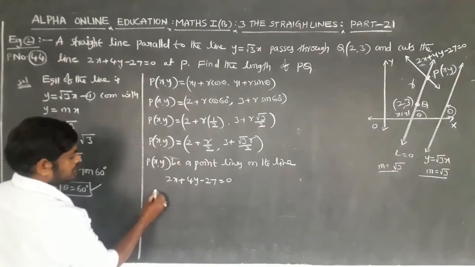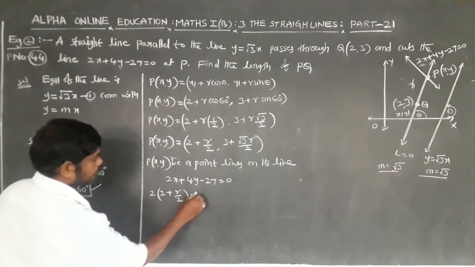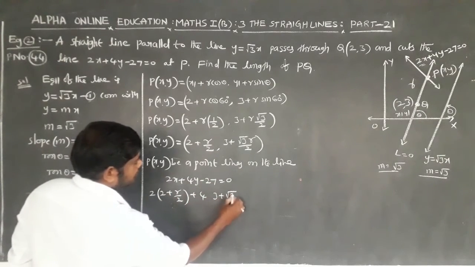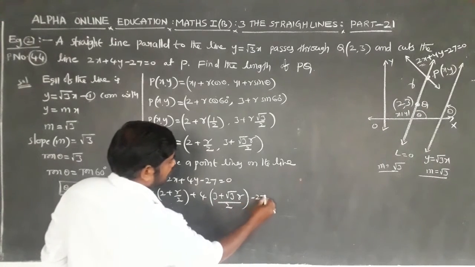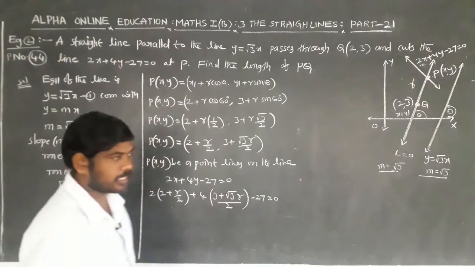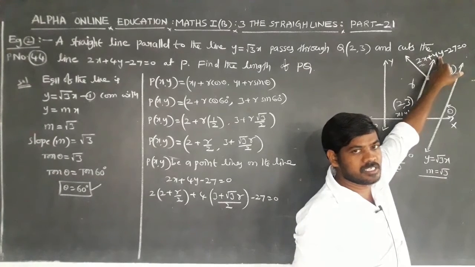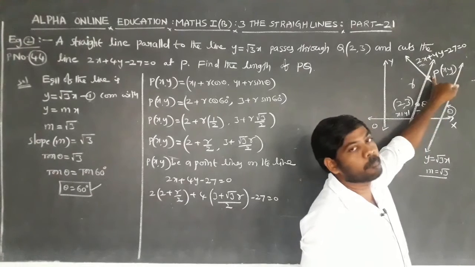Substitute x = 2 + r/2 and y = 3 + (√3 r)/2 into 2x + 4y - 27 = 0. Here the line 2x + 4y - 27 = 0 cuts the given line at P.